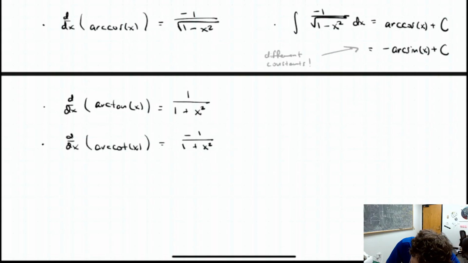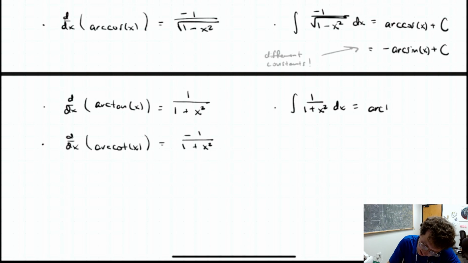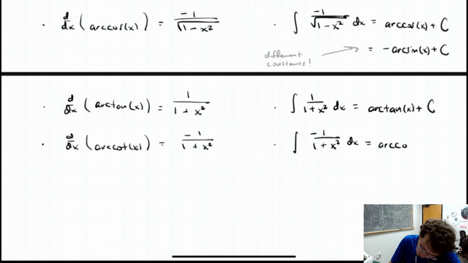Okay, so the antiderivative of 1 over 1 plus x squared is arctangent of x plus c. The antiderivative of minus 1 over 1 plus x squared is arccotangent of x, or simply minus arctangent of x, plus c.